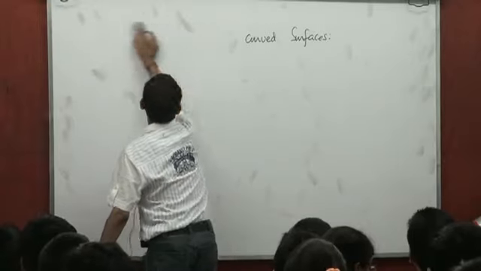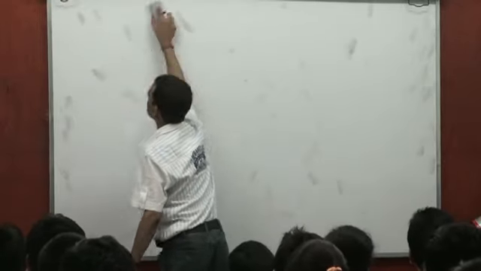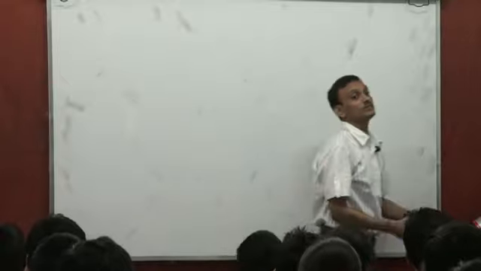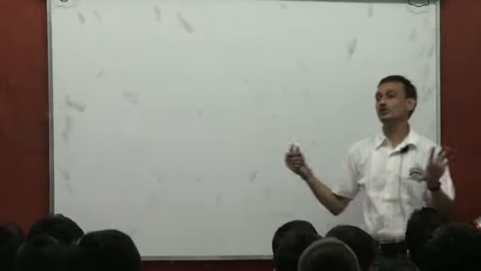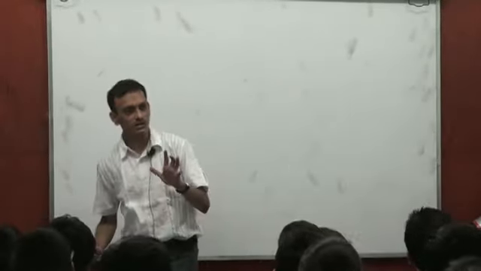Now let's look at some relationships between object distance, image distance, and the geometry of a spherical mirror.